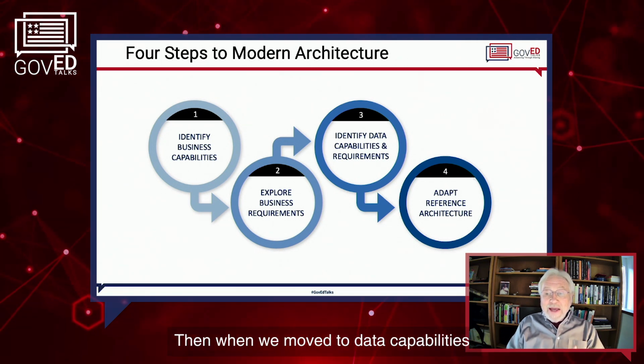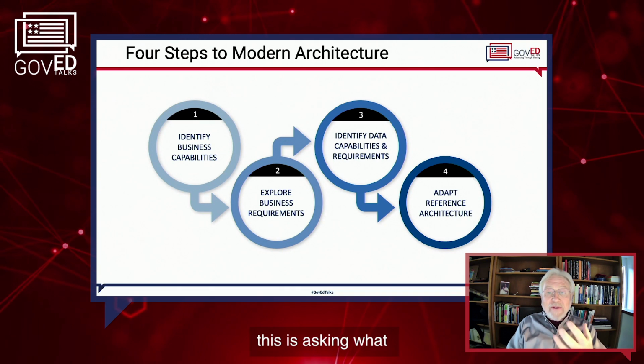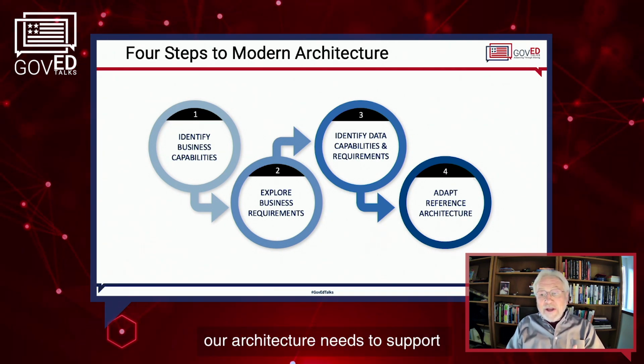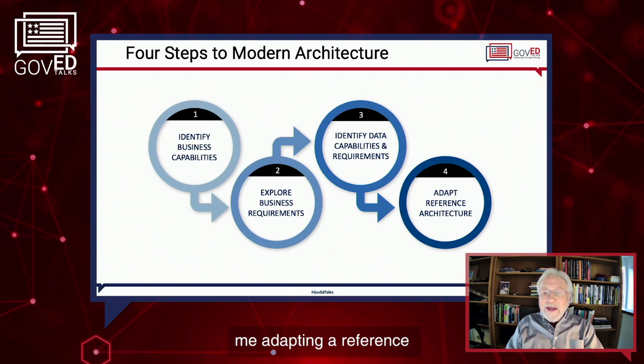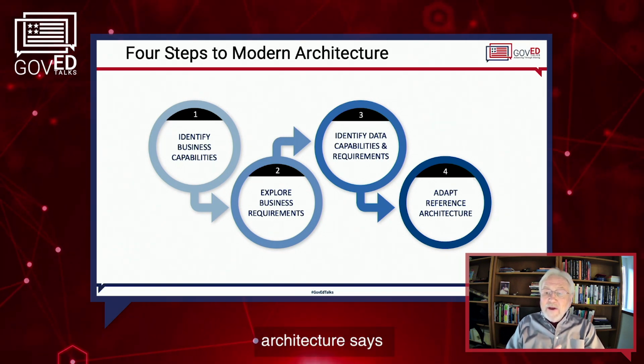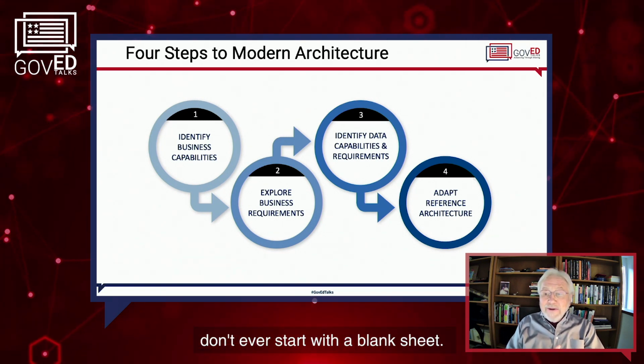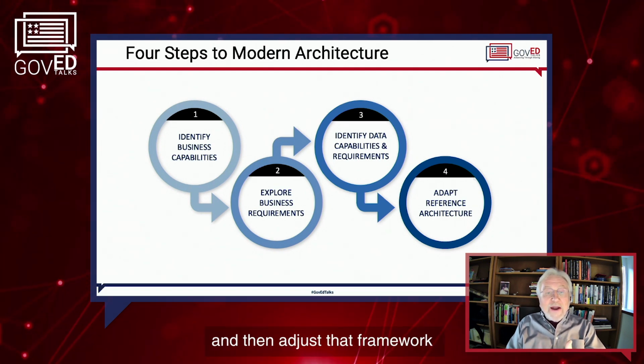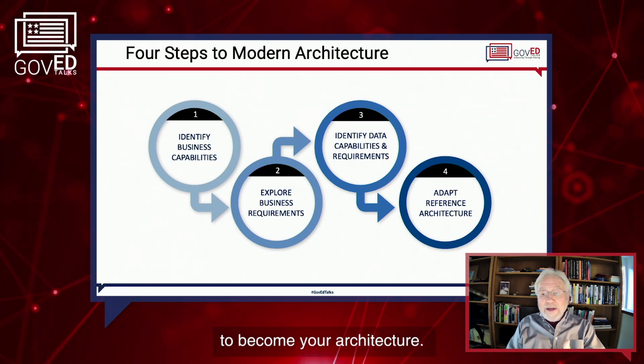Then when we move to data capabilities and requirements, this is asking what features and functions and data capabilities our architecture needs to support. And adapting a reference architecture says, don't ever start with a blank sheet. Start with something that is a framework, and then adjust that framework to become your architecture.